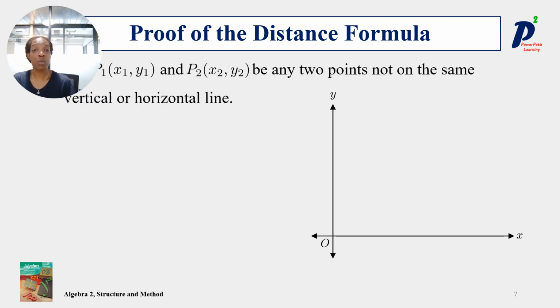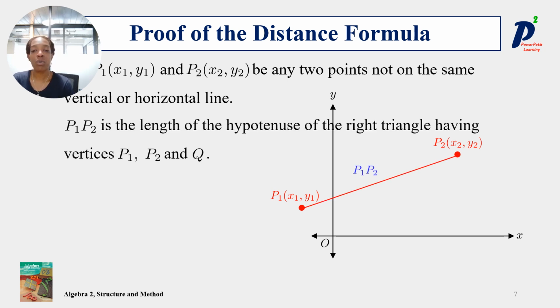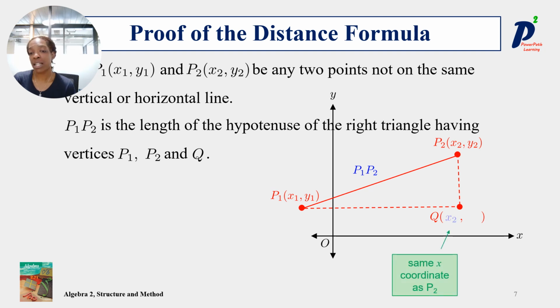Okay, so now let's suppose we have 2 points again. We've got P1 and P2. Now these are not on a horizontal line and they're not on a vertical line. Now P1P2 is the hypotenuse of a right triangle, and the points on the triangle are P1, P2, and the intersection of the vertical and horizontal lines, Q. Now Q is going to have the same x-coordinate as P2 because they're on the same vertical line, and the same y-coordinate as P1 because they're on the same horizontal line.